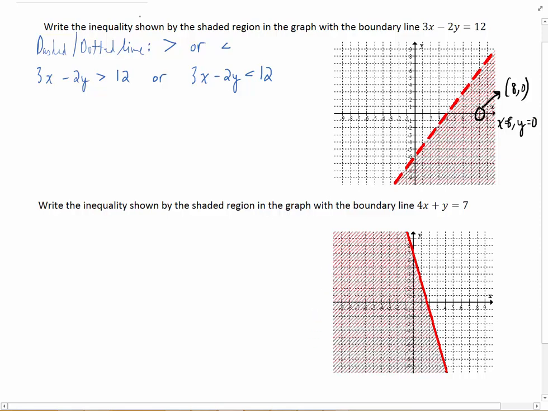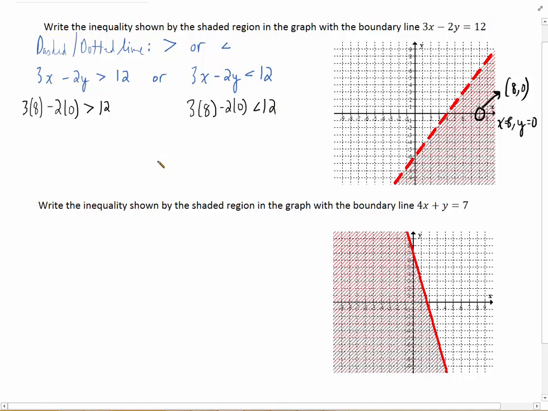So what I'll do now is I'll substitute x equals 8, y equals 0 into each of these inequalities and see which comes back as a true statement. So I have 3 times 8 minus 2 times 0 is greater than 12, or 3 times 8 minus 2 times 0 is less than 12.